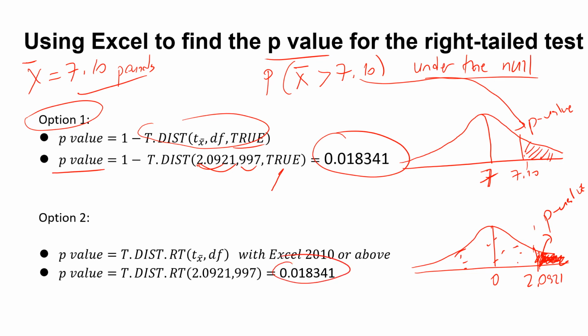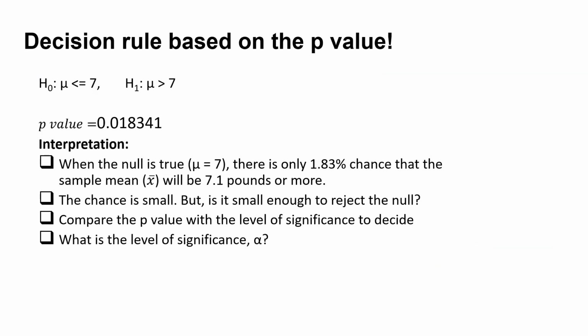The important part is the interpretation of the p-value finding. Just know that the p-value is calculated under the assumption that the null is true. In a one-tailed test, we always take the equal part of the null hypothesis as our null value. In this example, it is 7 pounds.